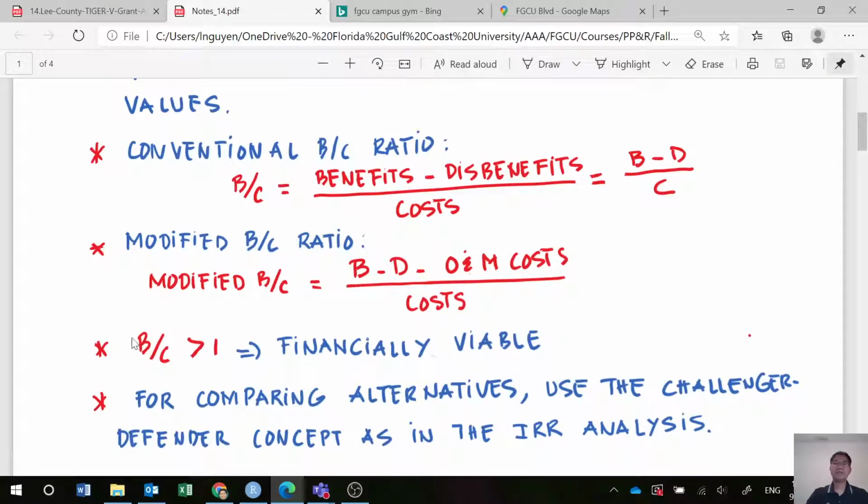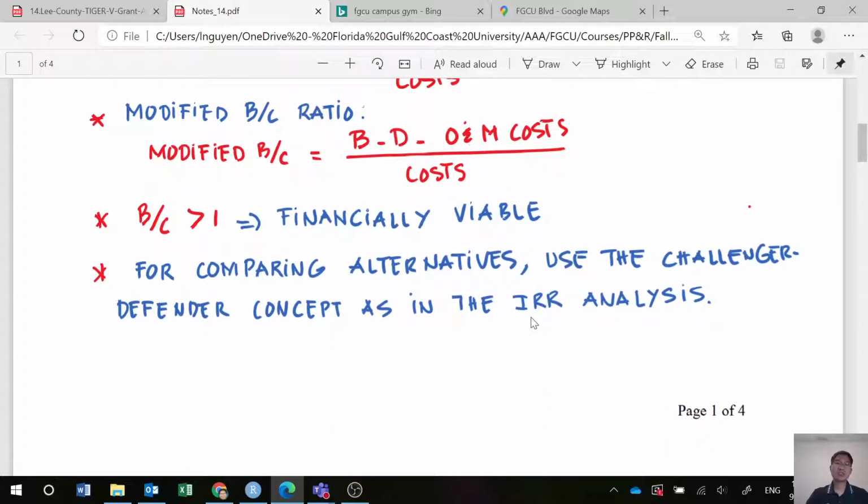If that ratio, whether B over C or modified B over C, is greater than or equal to 1, then we consider it financially viable. If it's less than 1, then it's not viable, because the benefits are less than the cost. So it's not worthwhile to proceed with that project.